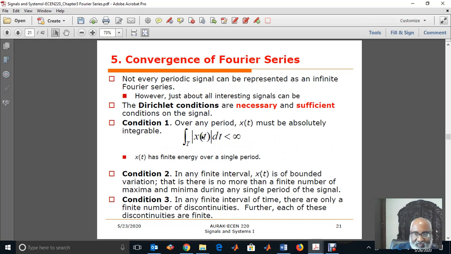That means the integration of the absolute value of the periodic signal over one period should be finite. And we have two more conditions here. You can read about this. We call them the Dirichlet conditions for convergence of the Fourier series. With this, we finish the examples of the Fourier series analysis.